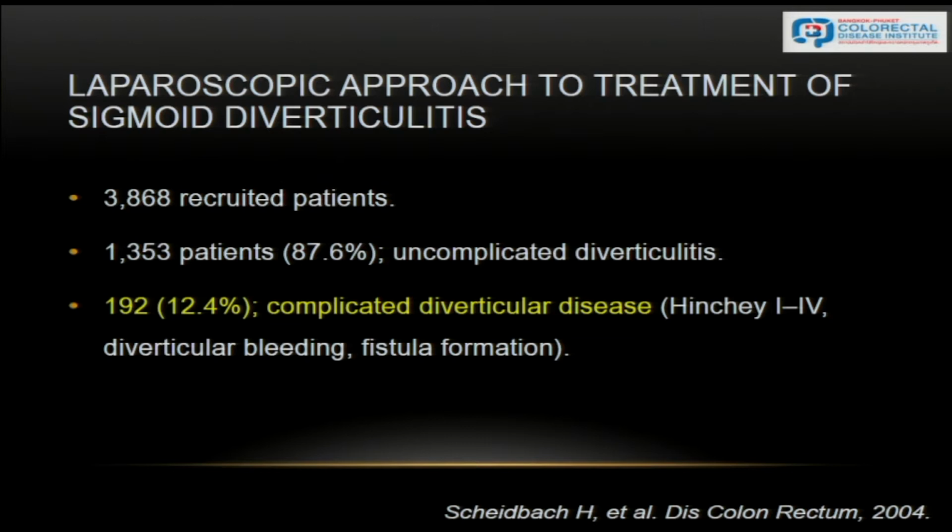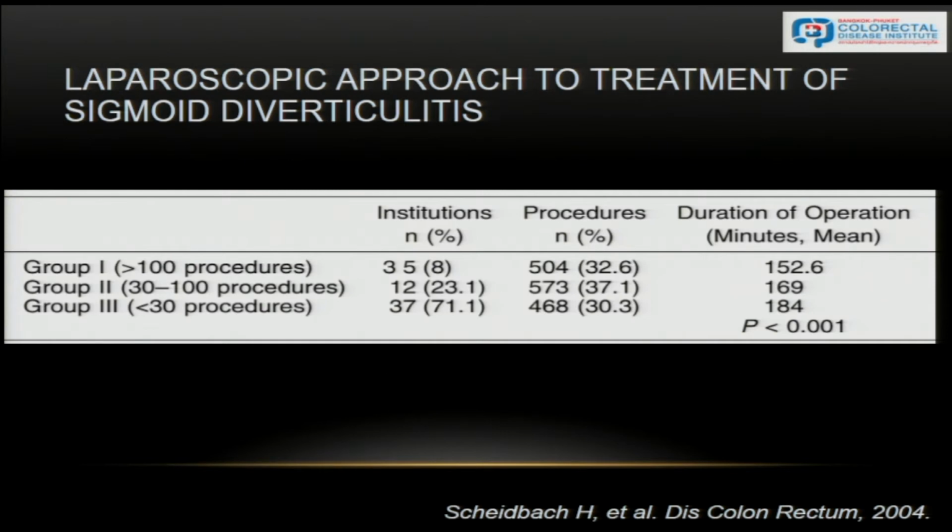Laparoscopic approach to the treatment of sigmoid diverticulitis. In this study, they combined all cases related to surgery for diverticulitis in 3,868 patients. The number that we are interested in is complicated diverticulitis, about 12.4%. They divided surgeons into 3 groups: high volume, more than 100 procedures, 30 to 100, and less than 30 procedures.